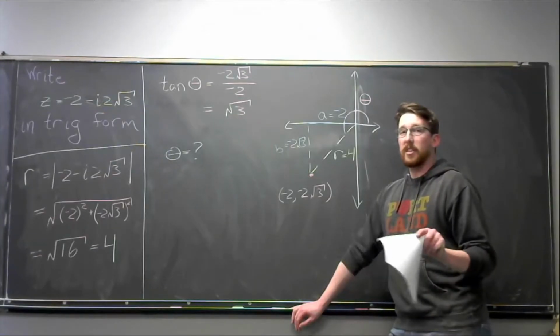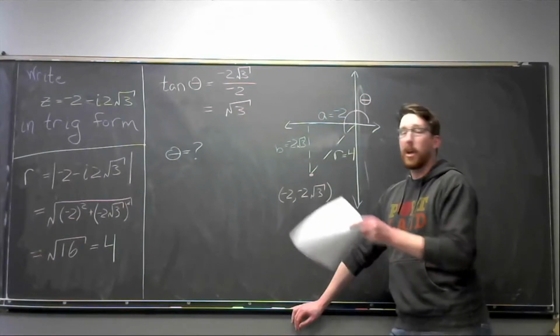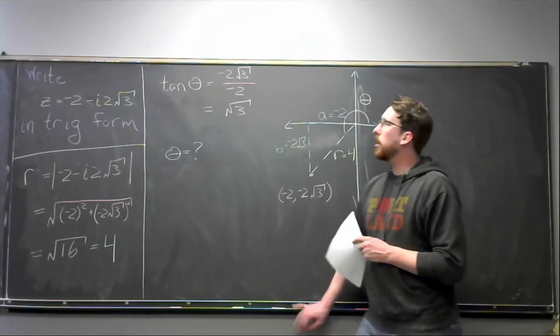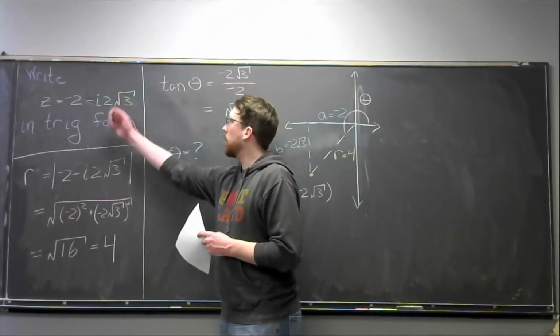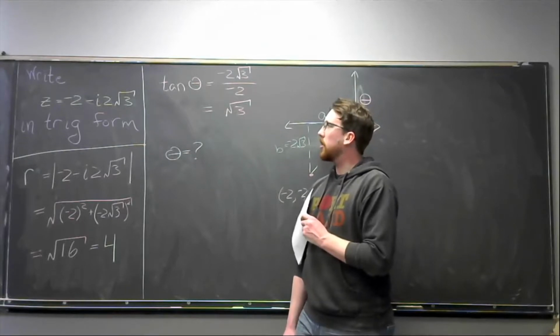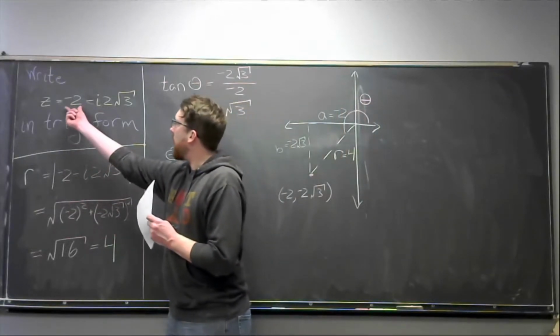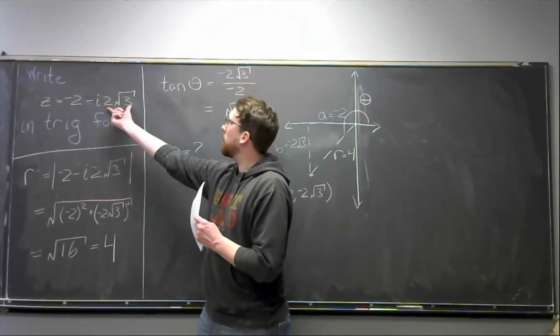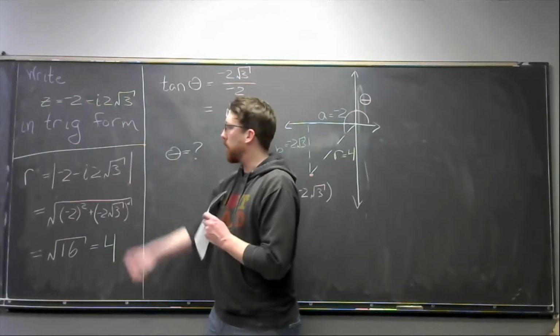Alright, so for this next example, to save us some time, I went ahead and did some of the work ahead of time. What we want to do is put this complex number into trigonometric form. Well, looking at this complex number, we know that A is equal to negative 2, and we know that B is equal to negative 2 times the square root of 3.